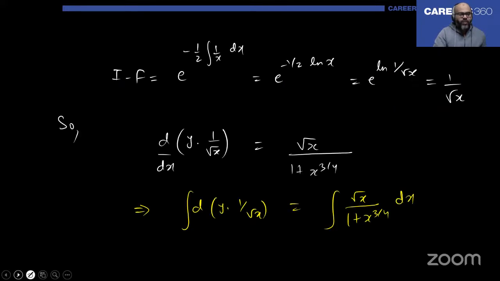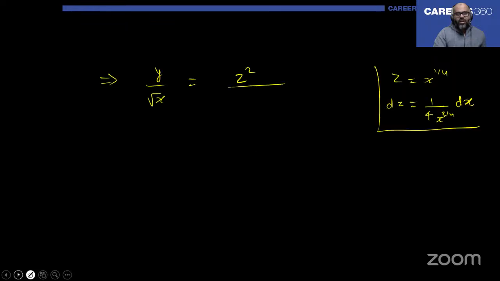And this is 1 plus z cube. And what else we are getting is dx is equal to 4 into x to the power 3 by 4, so that will be z cube dz. We have to integrate this.